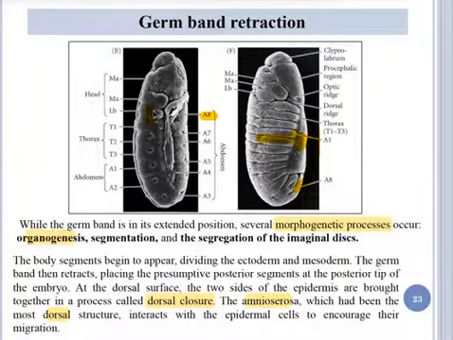So you will see how the germ band extension will happen, how the germ band retraction will happen, and how this dorsal closure process happens in a live embryo. Okay, I will show you this in a video.